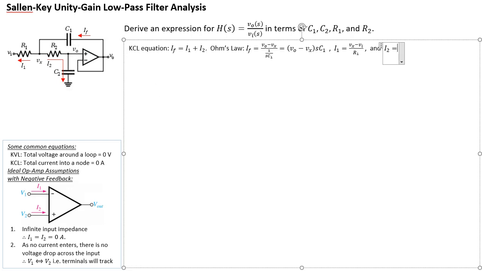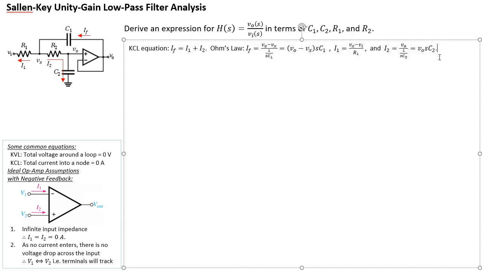So it's Vo divided by 1 over SC2, i.e. ZC2, the impedance of C2, which is also equal to simply Vo times S times C2.